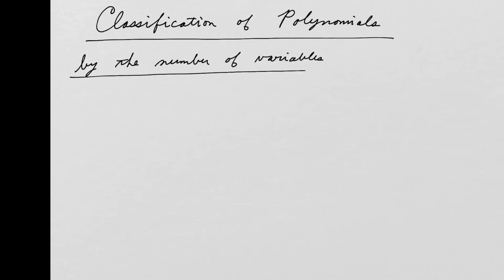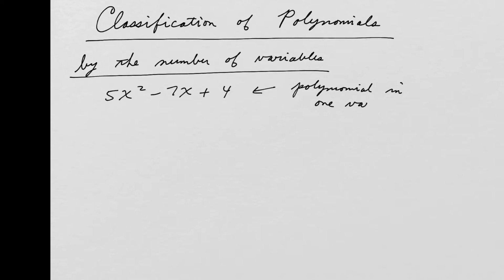So for instance, if I have 5x squared minus 7x plus 4, this is a polynomial, and it's a polynomial in one variable because the only variable that exists in that equation is x, right? So this would be a polynomial in one variable.